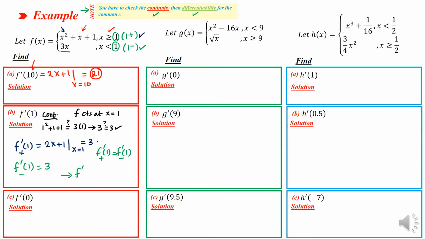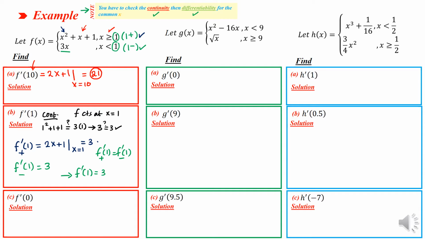So f prime of 1 exists and equals 3. So this technique we use when we have an x common between the two intervals. You have to check the continuity firstly, then the differentiability at a given x.